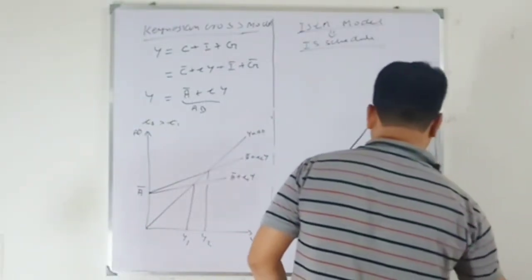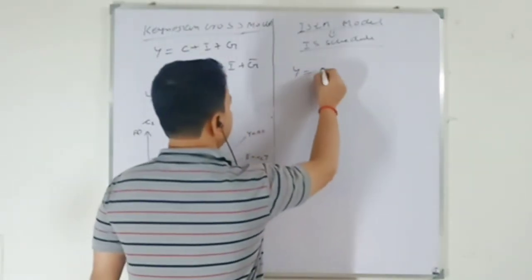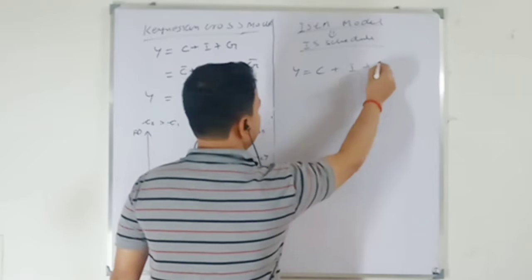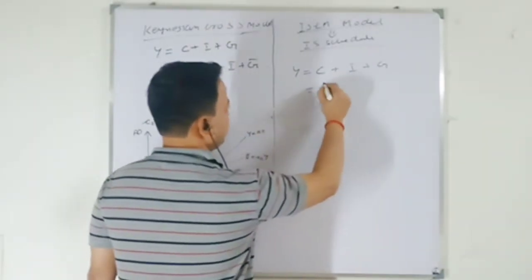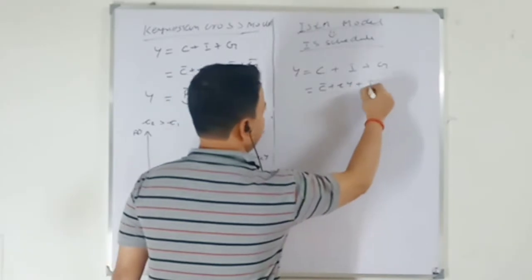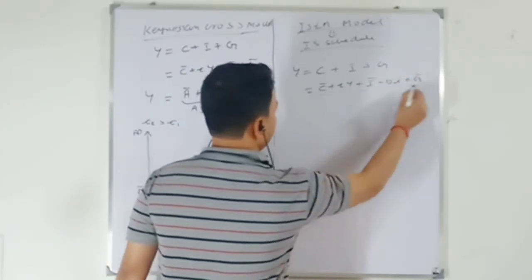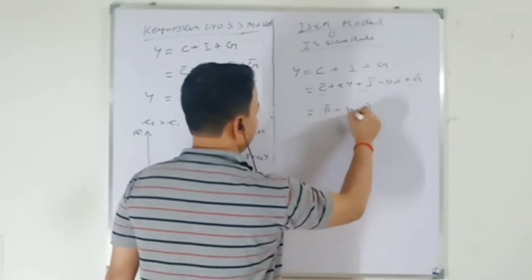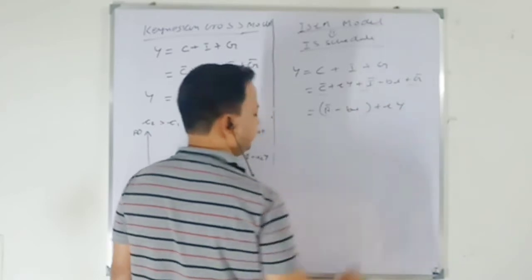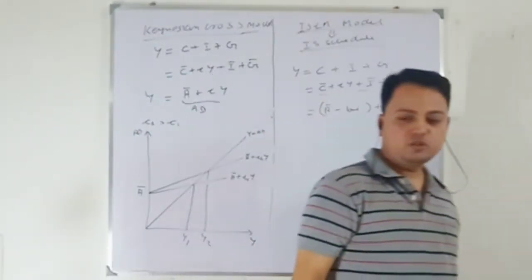First understand, when we derive the IS schedule, I write this equation C plus I plus G. Opening it, this will be C bar plus small c y plus I bar minus bi plus G bar. Our autonomous part we write together as A bar minus bi, plus small c y. Now this is your aggregate demand.